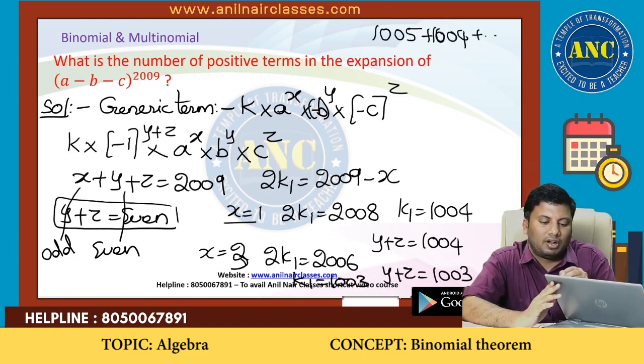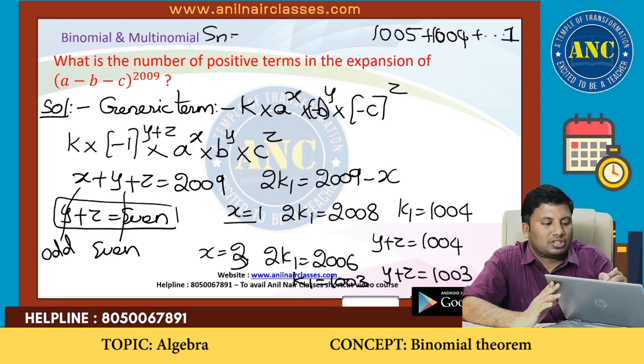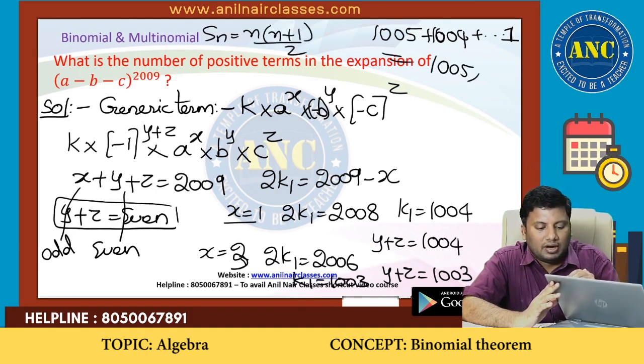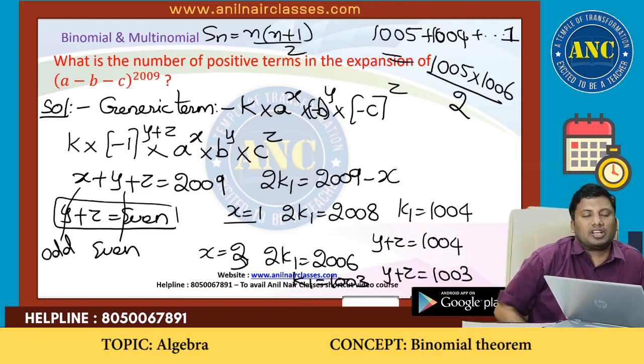Sum of all the consecutive numbers till 1. Sum of all the consecutive numbers is given by n into n plus 1 by 2. So answer is 1005 into 1006 by 2.